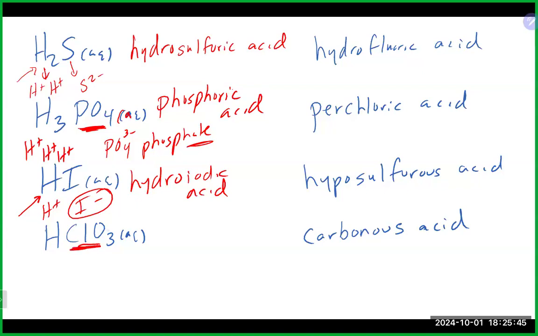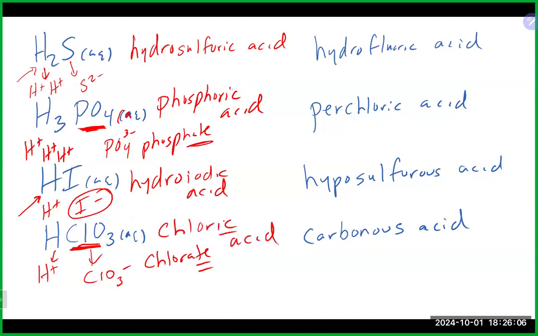So we're looking for our polyatomic ion here, which is ClO3-, H plus being our cation in this case. ClO3- is chlorate. So since that ends in ate, that means that this would be chloric acid. Any questions on any of those there?